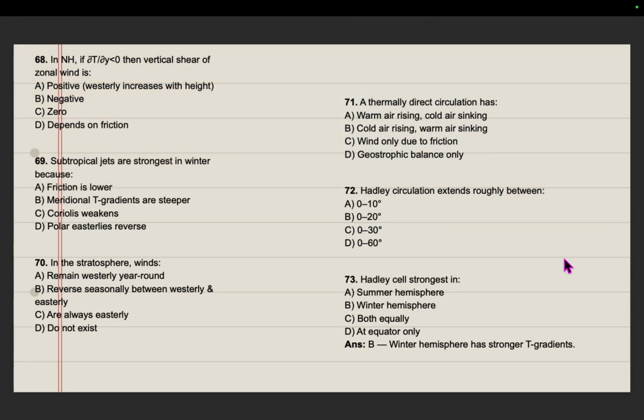Now we will solve a few questions from the previous slides. Question 68. In the northern hemisphere, we saw that del T del Y is less than 0. Then the vertical shear of zonal wind is positive, negative, 0, or depends on friction.